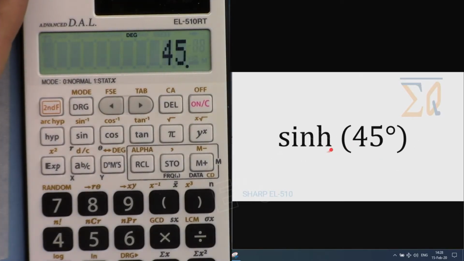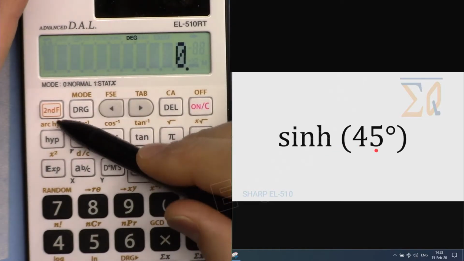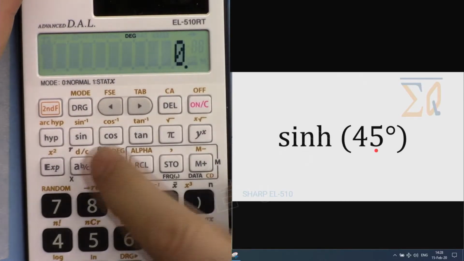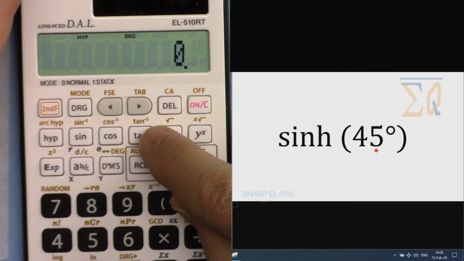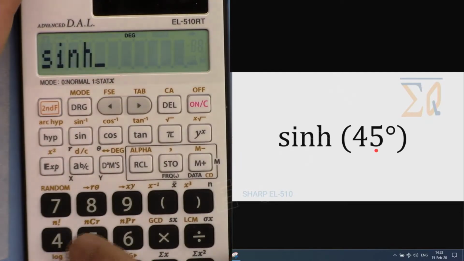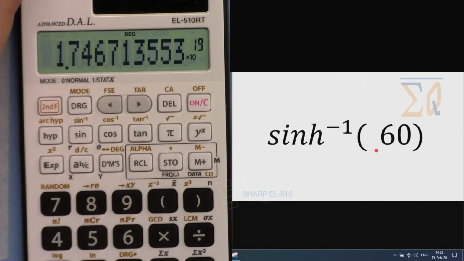Now hyperbolic sine, sine hyperbolic of 45 degrees. To do that, this is the hyperbolic. You press hyperbolic sine. Once you press hyp, you will see HYP here, and then when you press sine, cosine or tangent, that appropriate value will be displayed. And then 45, because it's in degree, so that's the value.